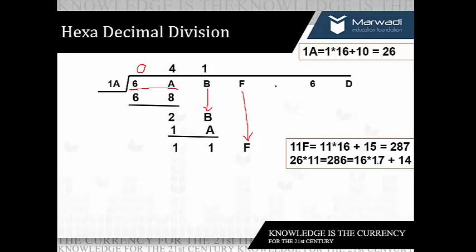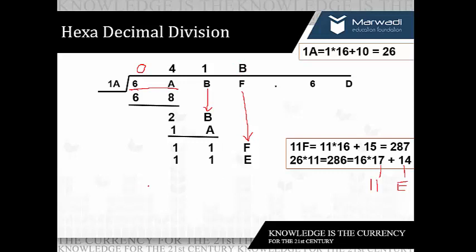So 16 multiplied by 11 plus 16 multiplied by 17 plus 14 would give me 286. 14 is equivalent to E and 17 is equivalent to 16 plus 1, that is 17 is equivalent to 11 in hexadecimal. So I would be writing over here 11E and would be propagating over here B.